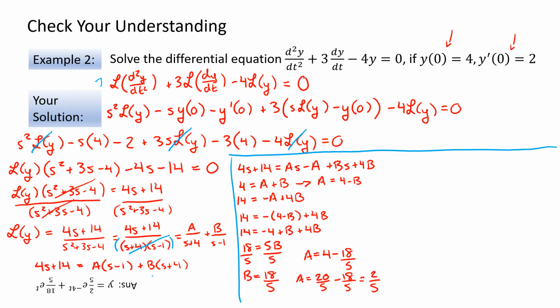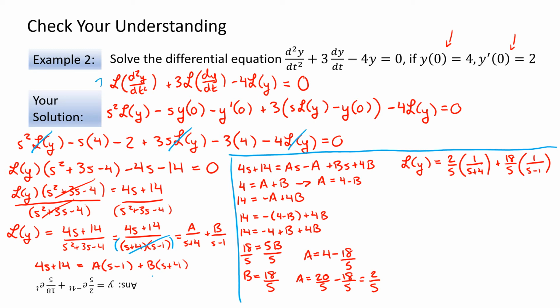So going back to our initial partial fractions, we have the Laplace transform of y is equal to a, which is 2 over 5, times what we had, 1 divided by s plus 4, plus b, which is 18 over 5, times 1 divided by s minus 1.